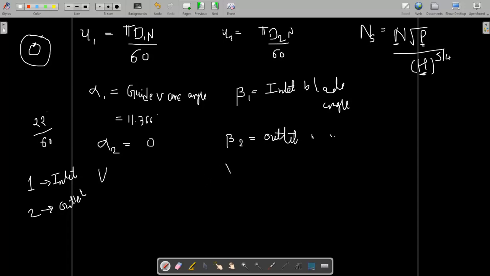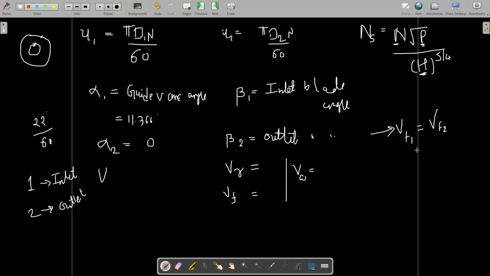Now wherever I use Vr, that means relative velocity, Vf means velocity of flow, and Vw means whirl velocity. One thing that you know is that the velocity of flow at inlet is the same as at outlet in a Francis turbine, Vf1 equals Vf2.